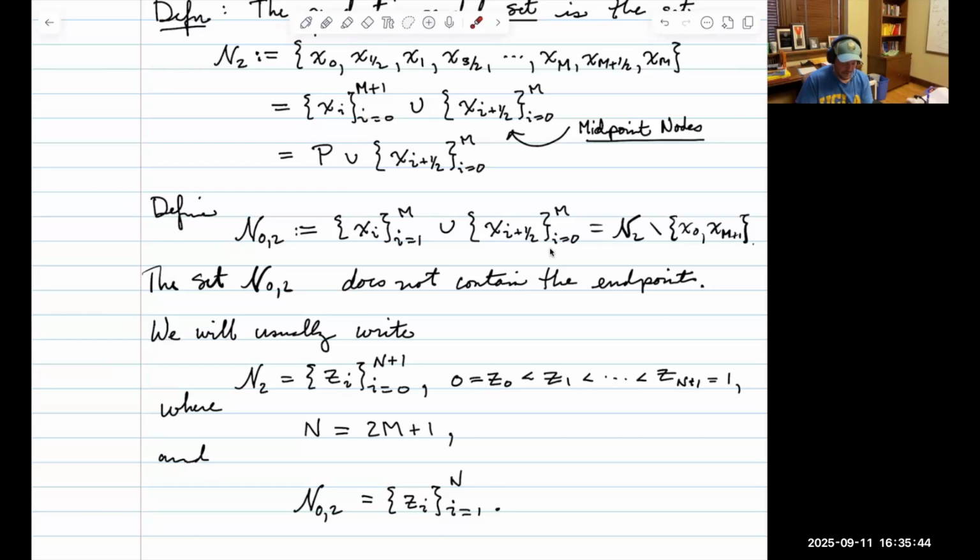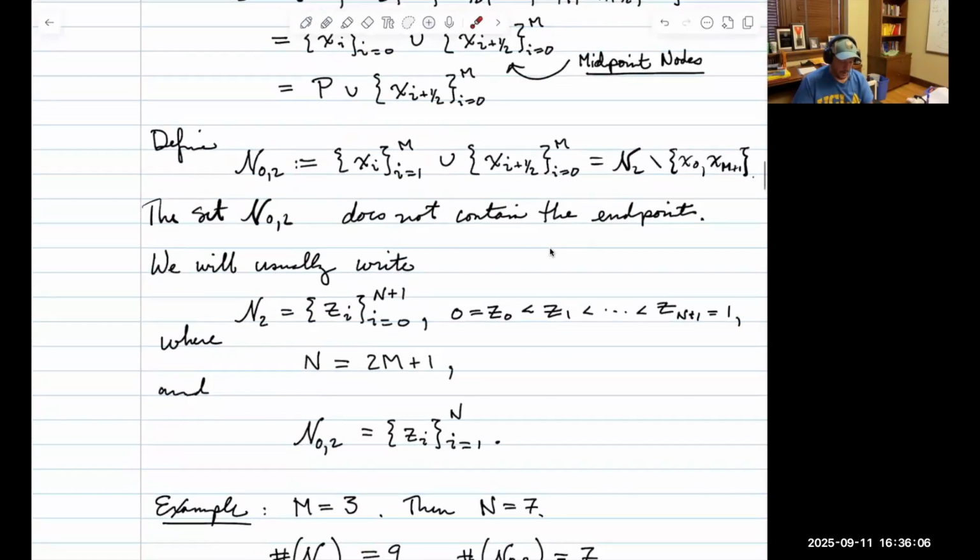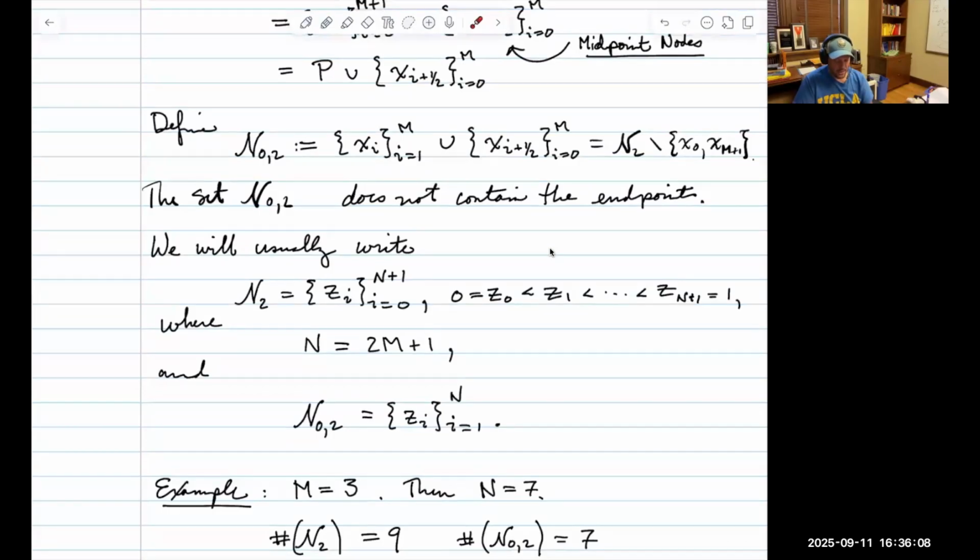In other words, this becomes a partition itself, but it's a partition that contains the original partition and the set of midpoints. I'm just going to give those a different moniker. I'm just going to call those z_0 and so on. I'll show you how these line up with the original partition points and the midpoints in a moment. All I really care about is writing this as if it were the partition that I wanted to begin with. It's not exactly the same as the partition that we started with.